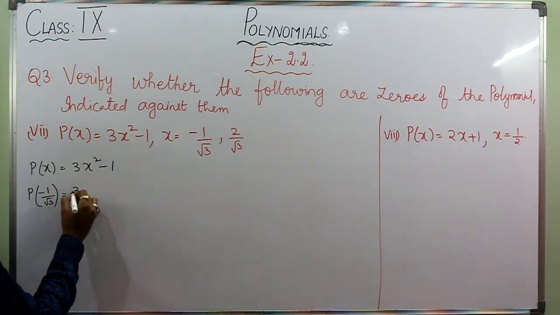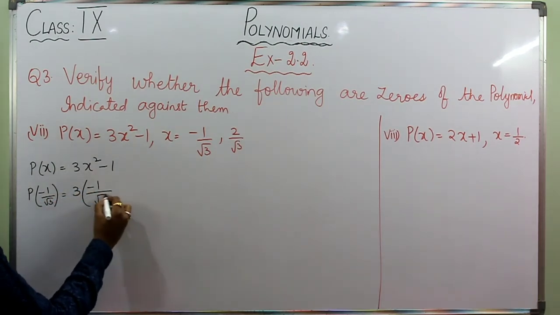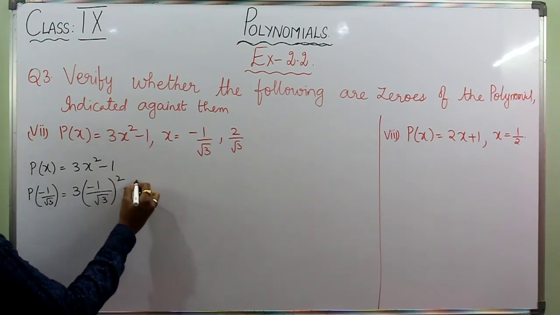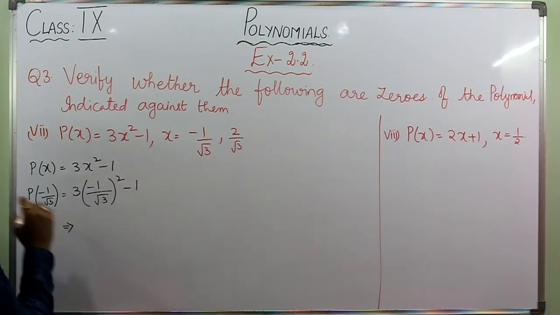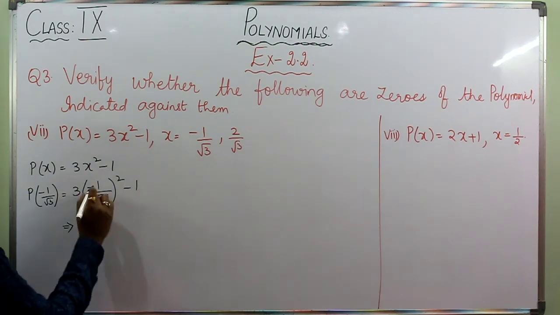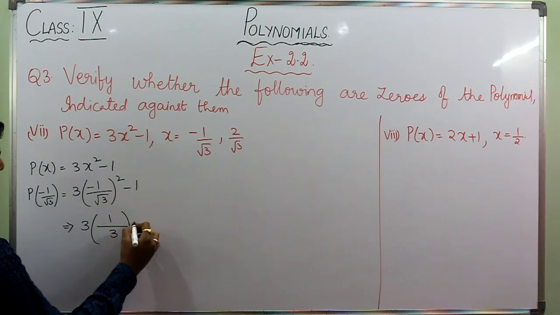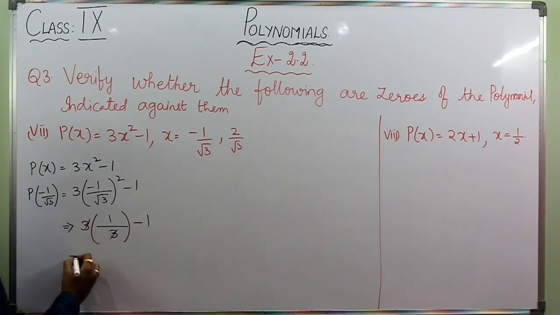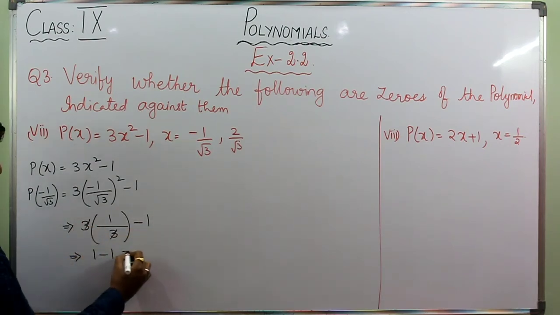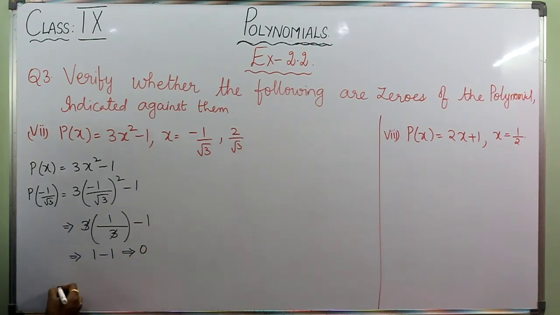Then it will become 3 into minus 1 by root 3 whole square minus 1. This implies 3 into minus 1 whole square is 1, root 3 whole square will become 3, minus 1. 3 and 3 get cancelled. We are left with 1 minus 1, which implies 0. So therefore P of minus 1 by root 3 has become 0.